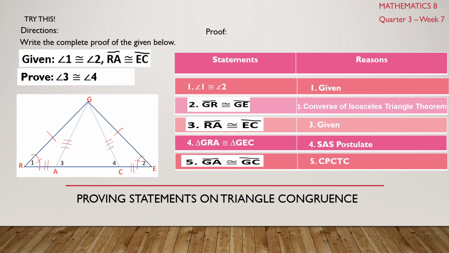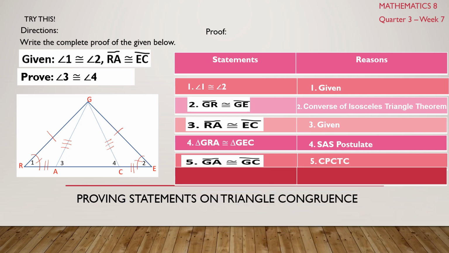Now, we can prove that angle 3 and angle 4 are congruent. Since itong legs na to ay congruent, meaning this triangle is an isosceles triangle. And if these two legs or two sides are congruent, then the angles opposite these two congruent legs are also congruent.